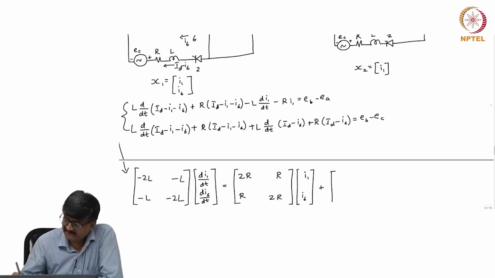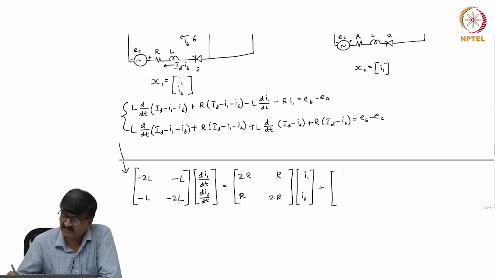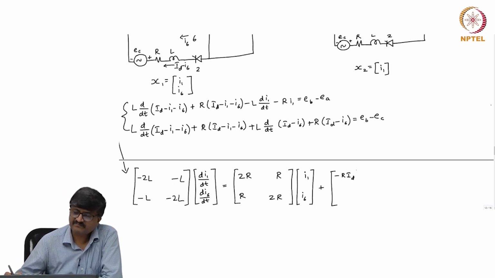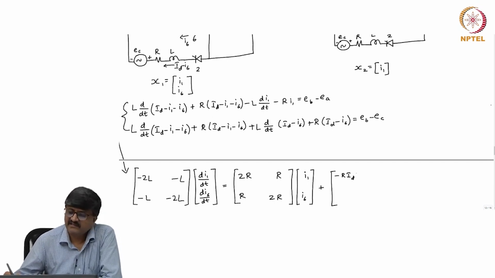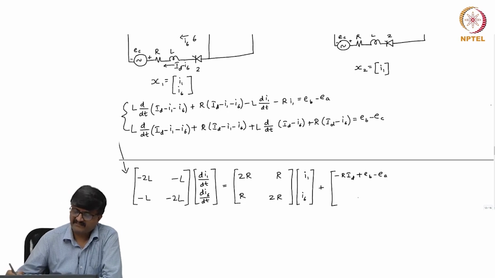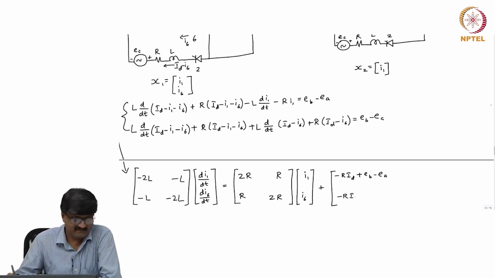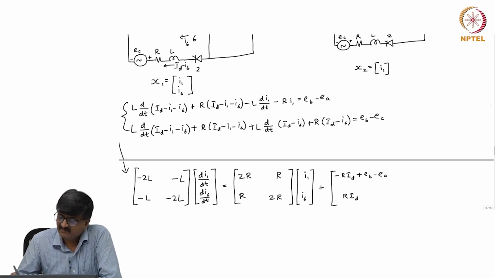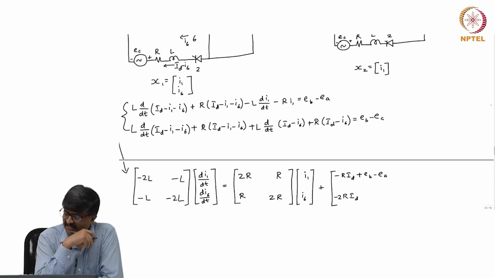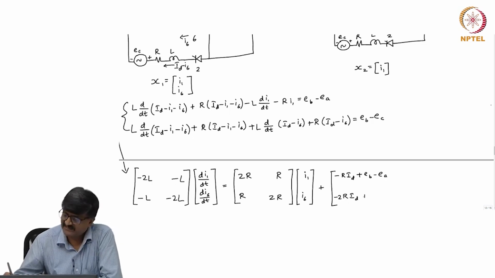And the remaining terms: there is a R I_D in the first equation. Pushed to the right hand side, it is minus R I_D, then E_B minus E_A. In the second equation also there is a minus R I_D, and there are two places where I get R I_D, so it is minus 2R I_D plus E_B minus E_C.